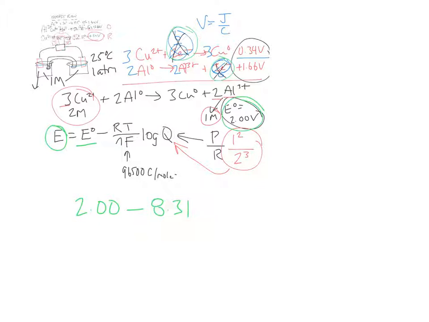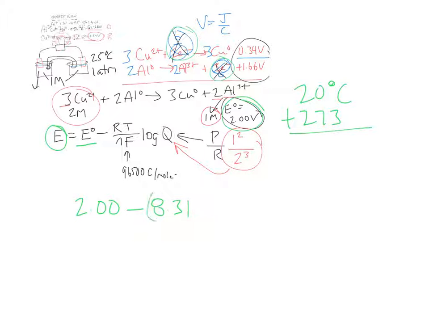We're going to say that this example is at 20 degrees Celsius instead of 25. It has to be in Kelvin, so you're going to add 273 to it. So it's going to be 293.